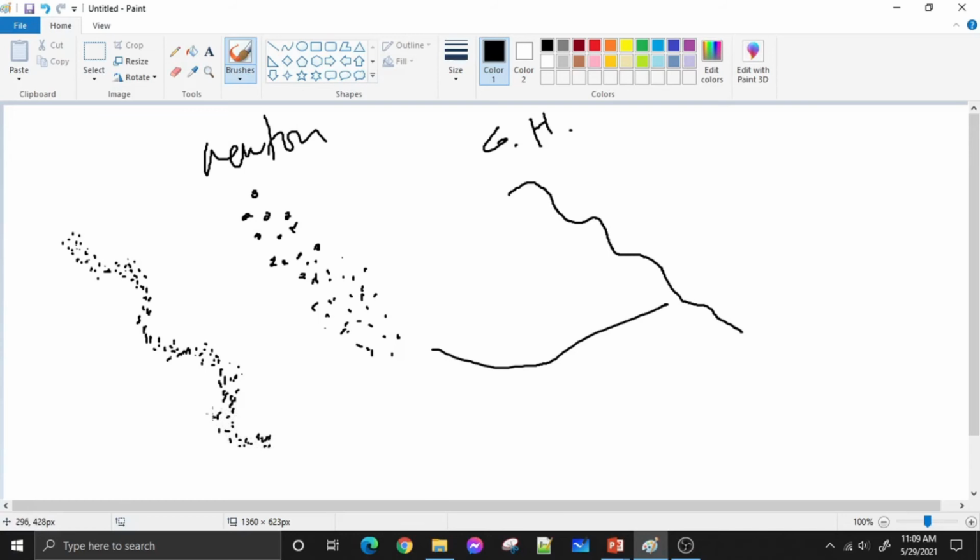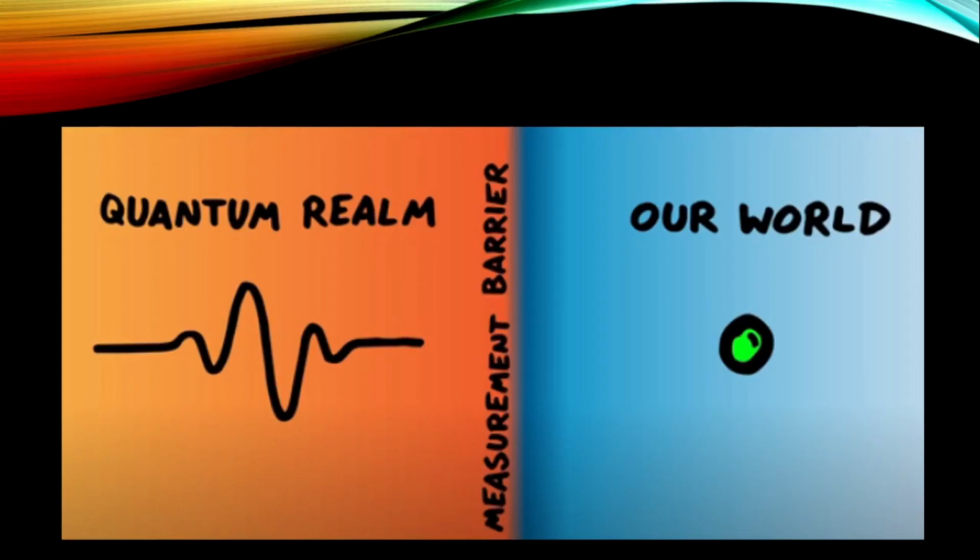So this is how Albert Einstein combined the theory from Newton that light is particles, and the theory of Huygens and Grimaldi that light is a wave. So by combining these two, in quantum physics or quantum mechanics, there is what we call the quantum realm in our world.